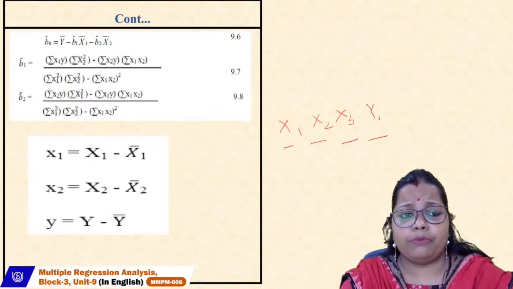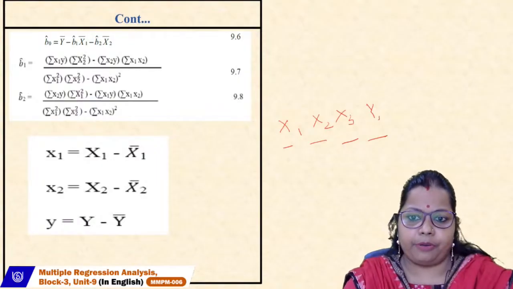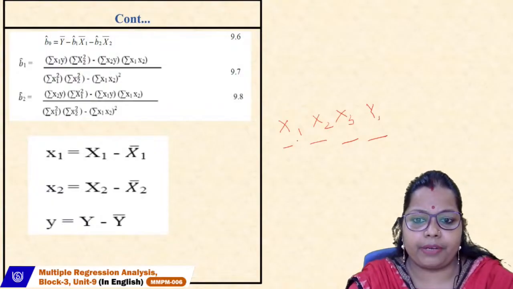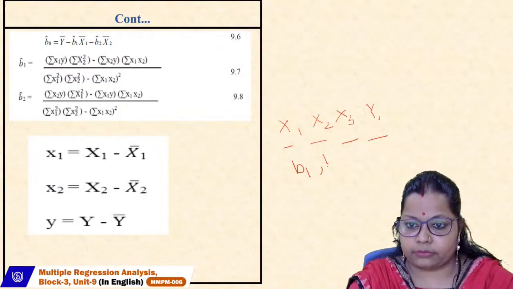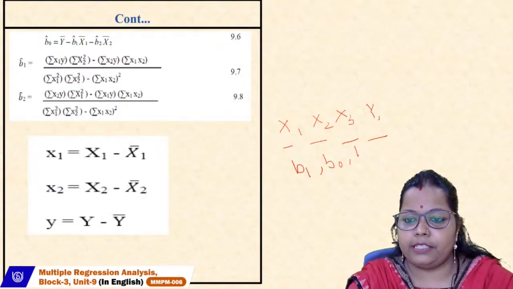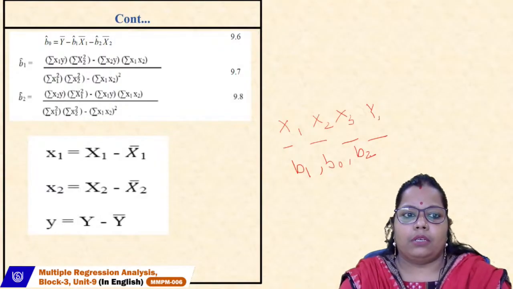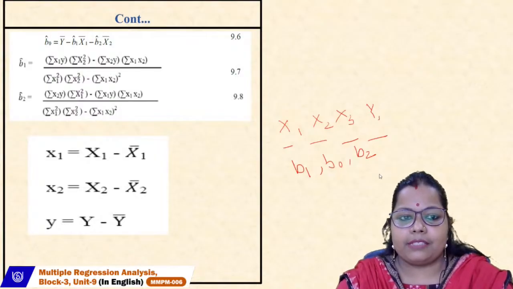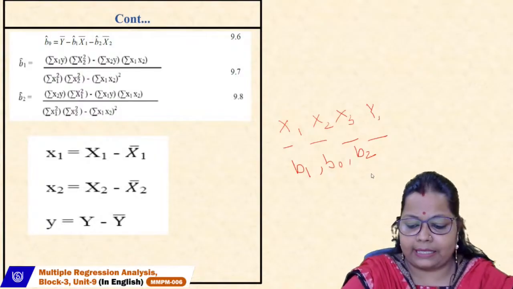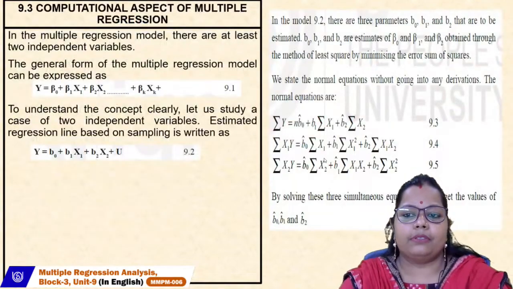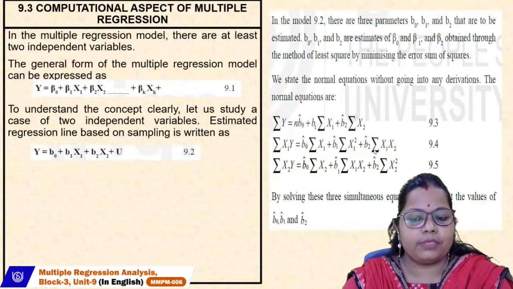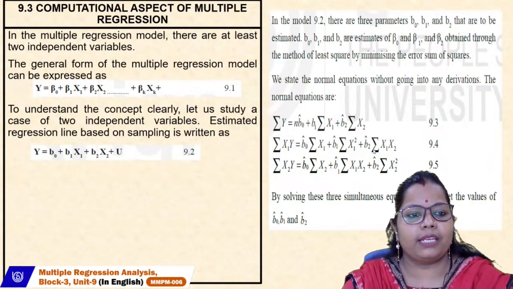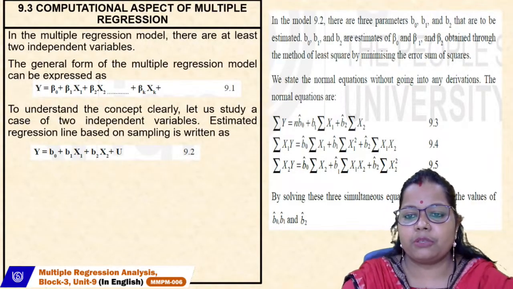But now the question is, from this information, how will we find out b1, b0 and b2? Unless and until we have these values, we cannot address this kind of normal equation. And unless we have solved these normal equations, we cannot move to the multiple regression model.